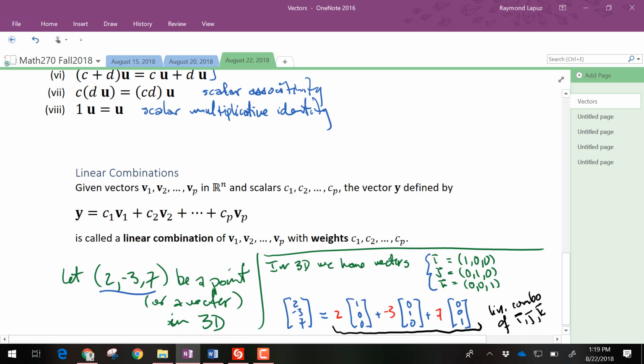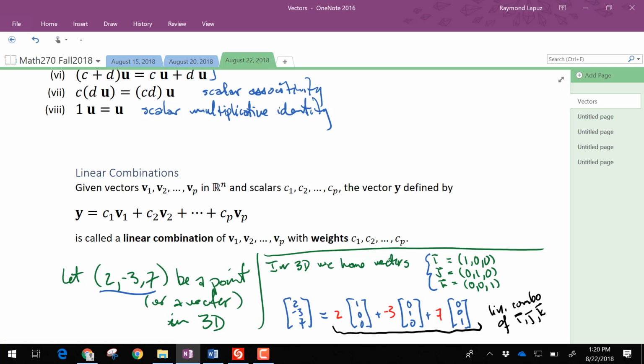I want us to be comfortable dealing with points and vectors and interchanging those ideas. If we have a vector, you can imagine it as a point, and the vector would go from 0, 0, 0 to that point.